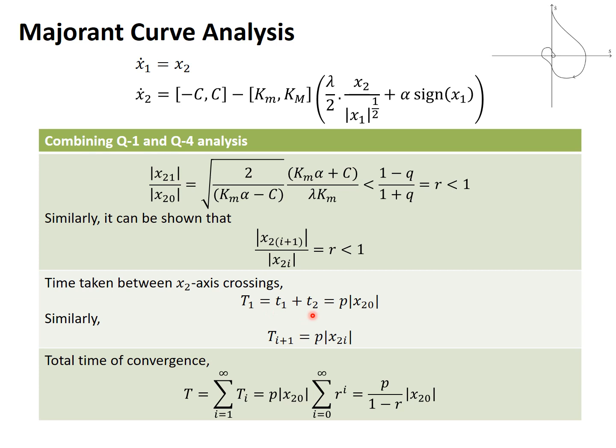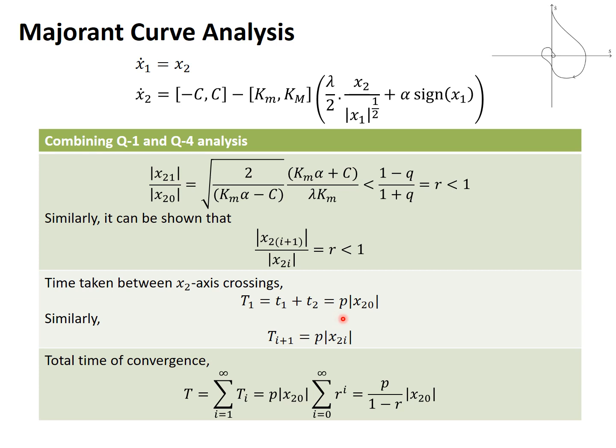Both added together give me P x20. This P does not need to be less than 1, it just needs to be a constant.